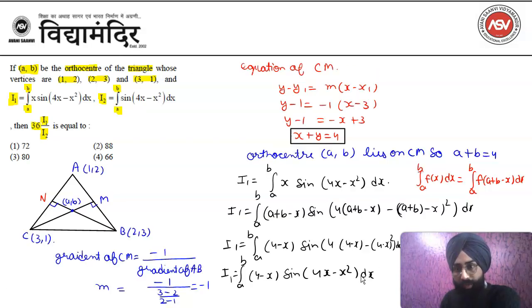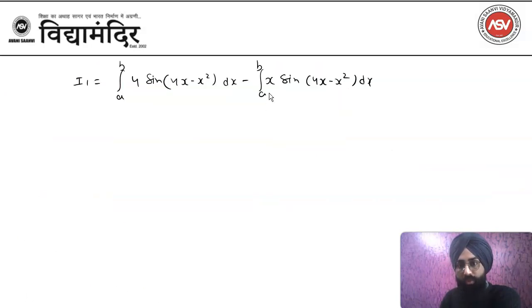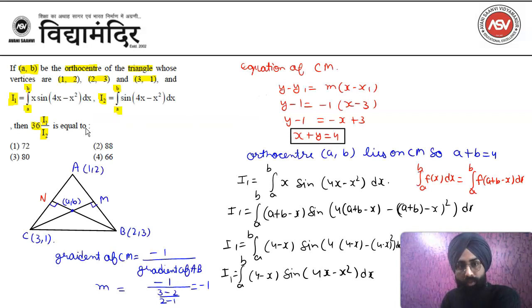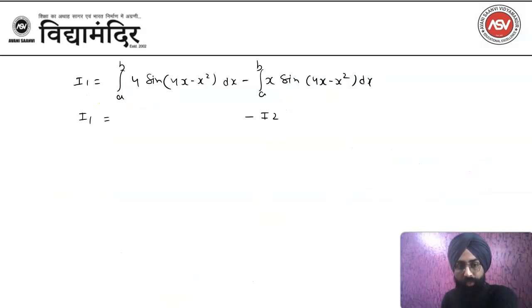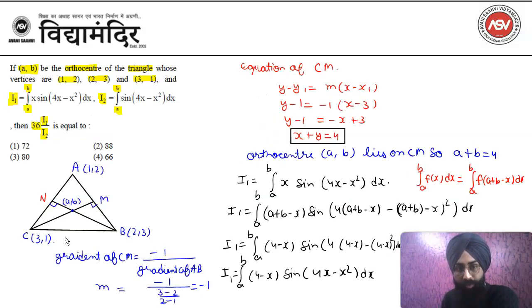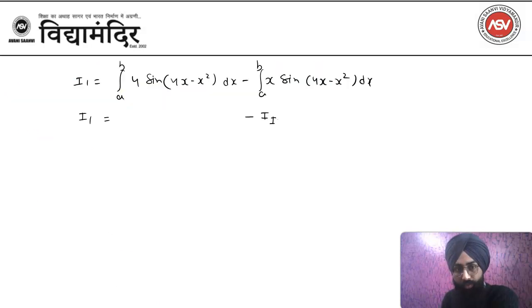When we go back here, we see that this is actually I2. So this can be written as I2, minus I1. Actually, this value is I1, and this value is I2, which can be used here.